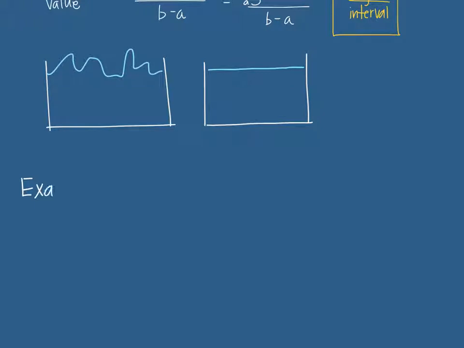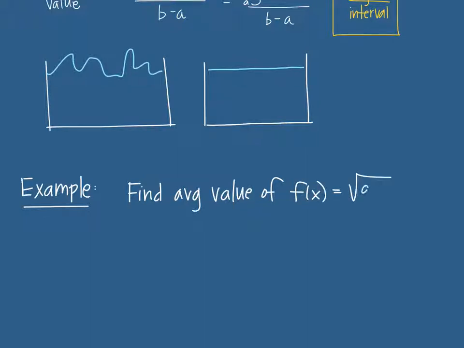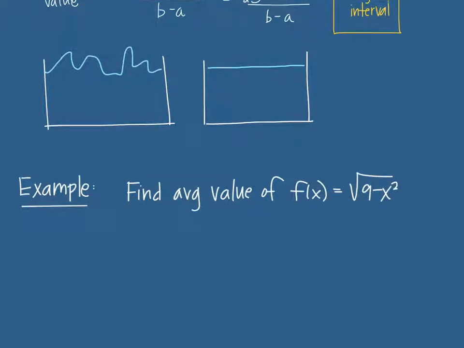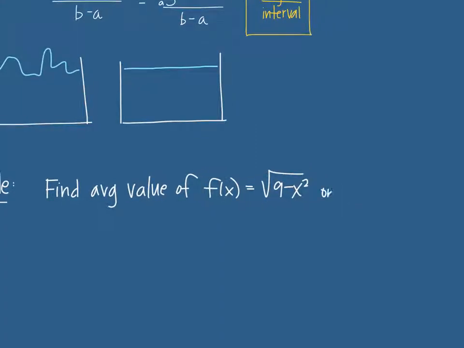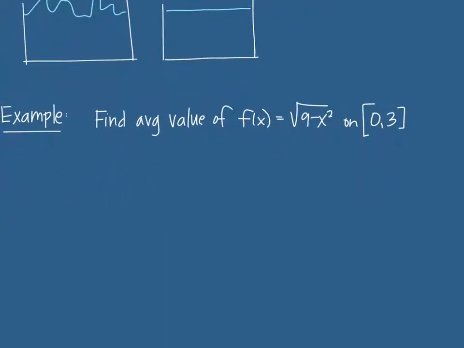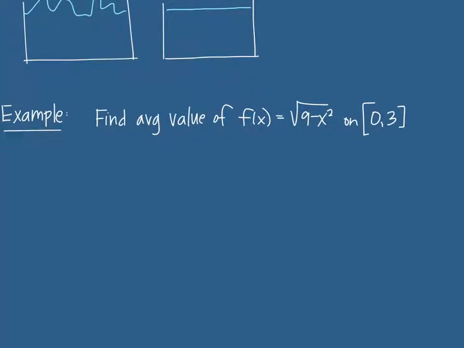Now you're going to evaluate that integral over interval using your geometry and your FNint that you have done previously. So if we want to find the average value of the semicircle, square root of 9 minus x squared, over the interval 0 to 3, it's actually a quarter circle. The points get awarded by you setting it up and then solving it.